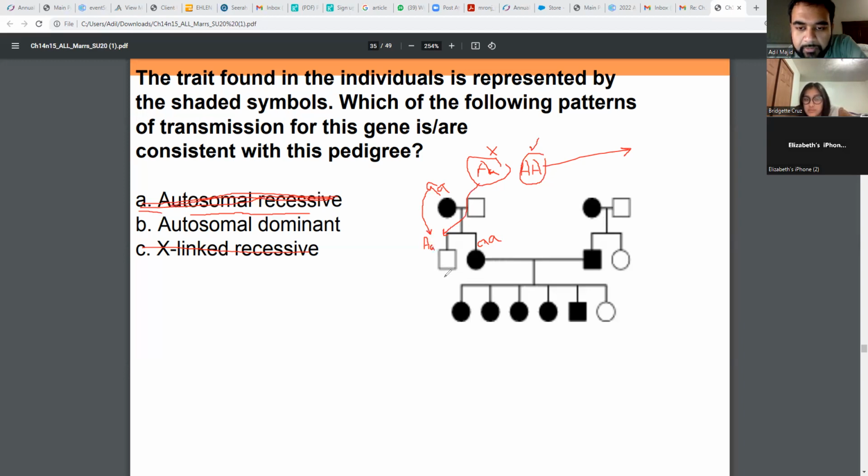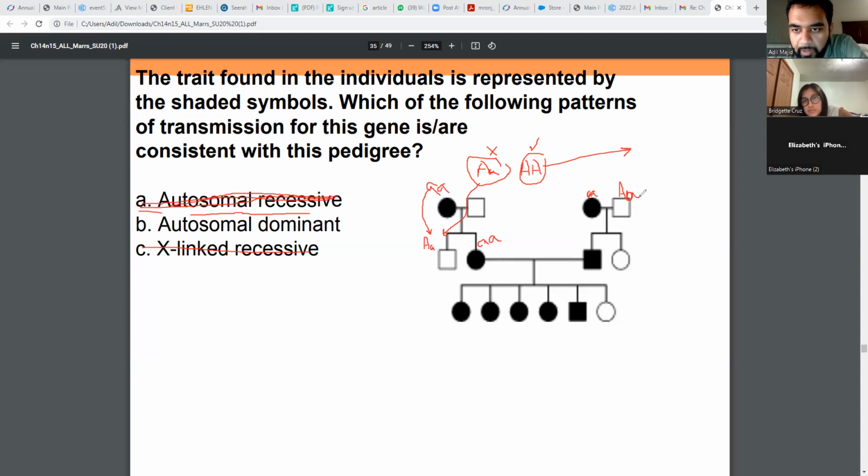Now, from this one, in order for him to exist, he has to be what? We can do the same thing here. Say this one is little a, little a, and then big A, little a.